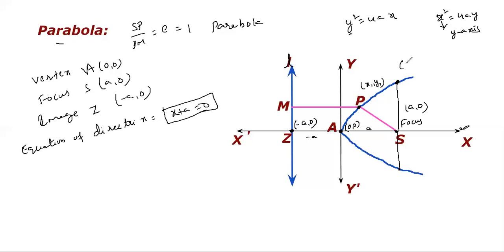This point is A comma 2A, and this is A comma minus 2A. Let me take this as point L and this as point L dash. The distance between L and L dash equals 2A minus of minus 2A, that equals 4A units.